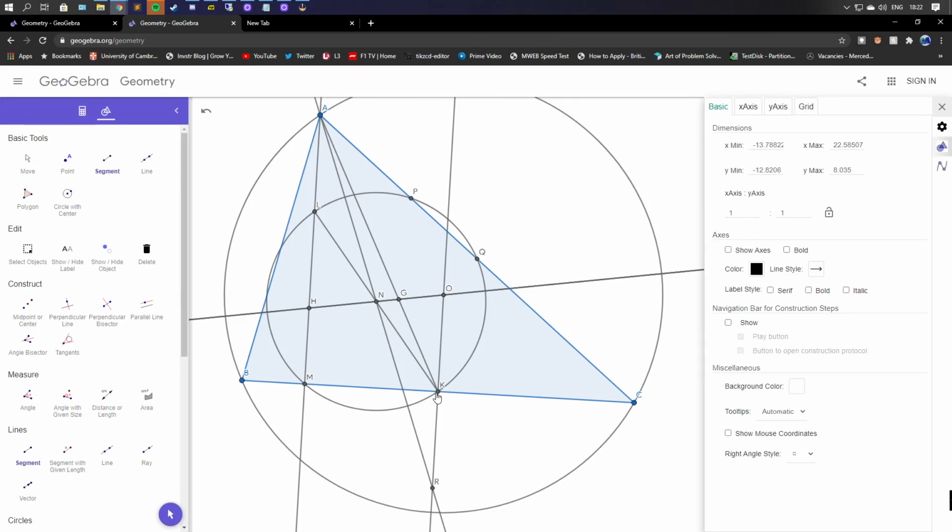Actually, that should probably be good enough. So OK is equal to LR, because AL equals LH and ON equals NO. So by similar triangles, in fact we have congruent triangles. This whole configuration ALHN is congruent to the configuration RKON, which means OK equals KR equals AL equals AH.